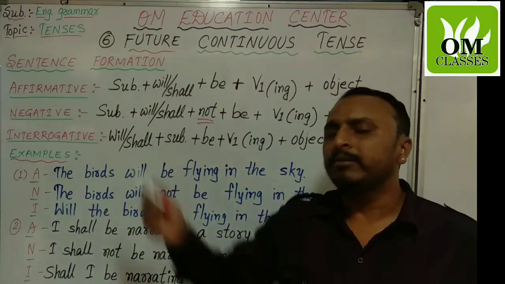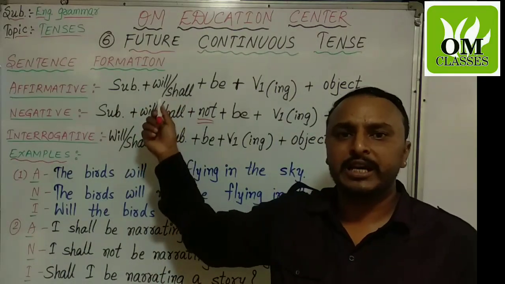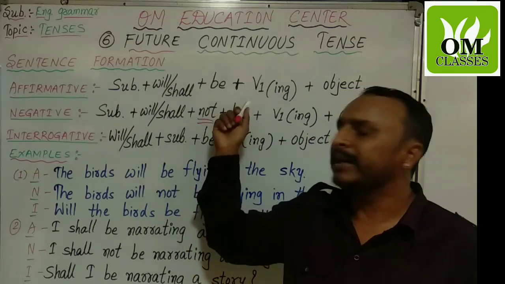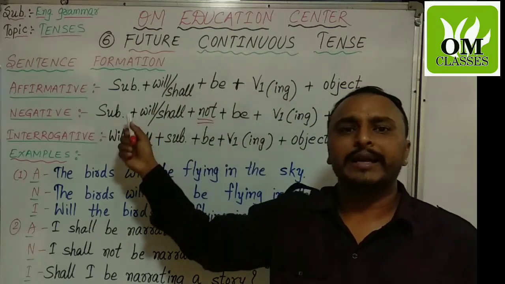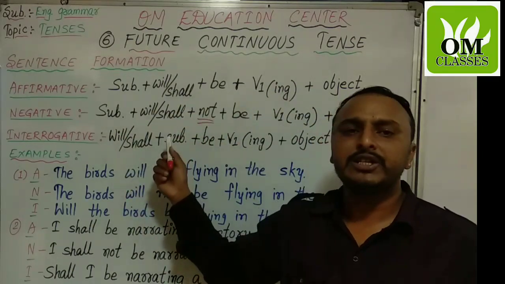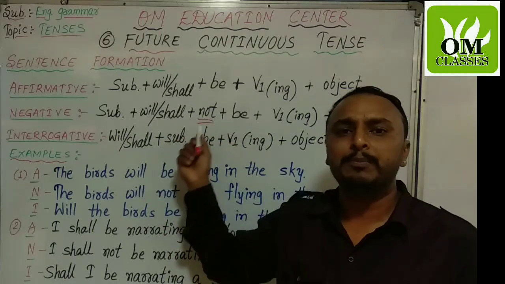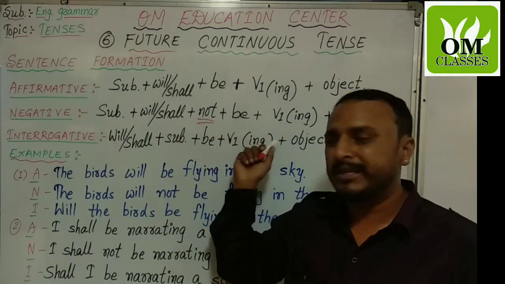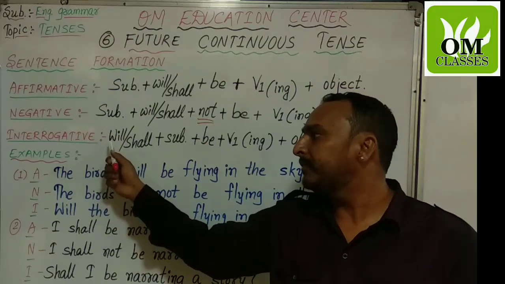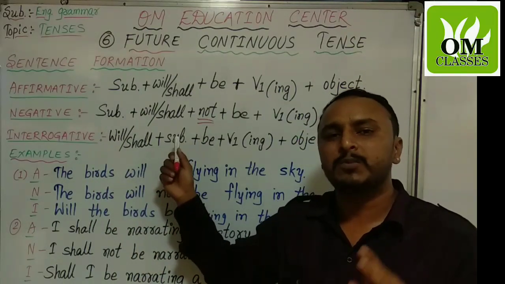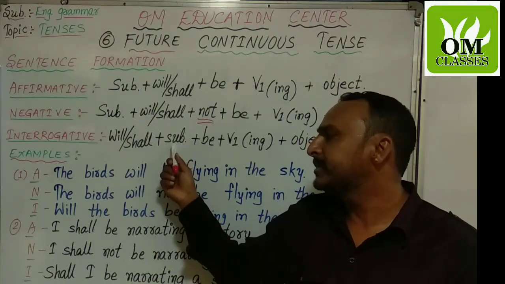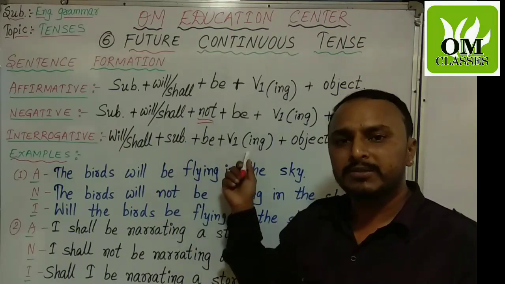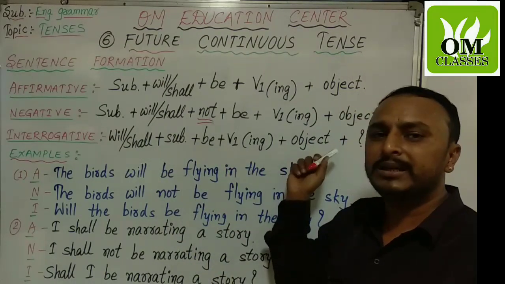For affirmative, subject plus will, shall plus be plus V1 ing plus object. For negative, subject plus will, shall plus not plus be plus V1 ing plus object. What will come in the interrogative? Will, shall at the first place, then the subject, then be plus V1 ing plus object plus question mark.